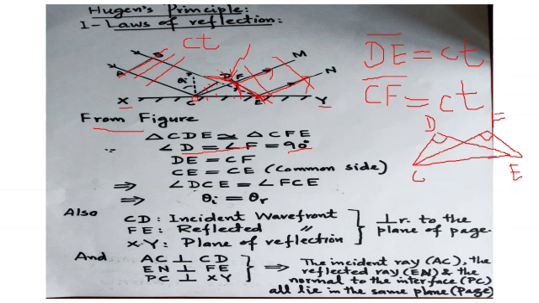Likewise, the DE side in the first triangle, which is equal to CT, is the same as the CF side, which is equal to CT. And CE is equal to CE. You can see this side is common to both the triangles. So this is the common side. तो अगर दो साइड्स बराबर हैं, एक एंगल बराबर है, तो इसका मतलब ये है कि फिर ये कॉन्ग्रुएंट है.